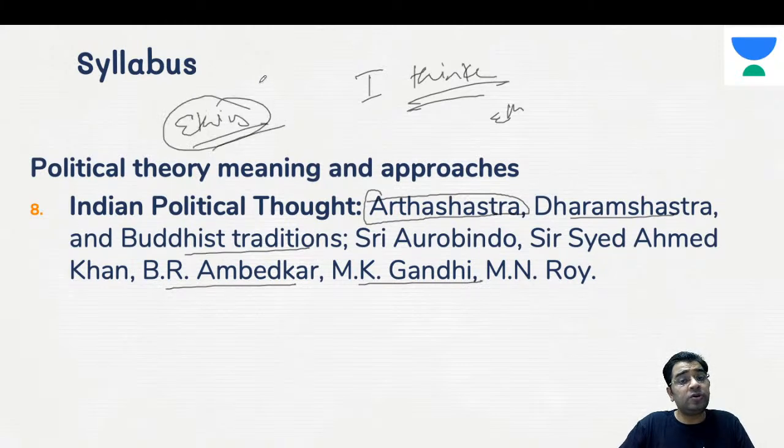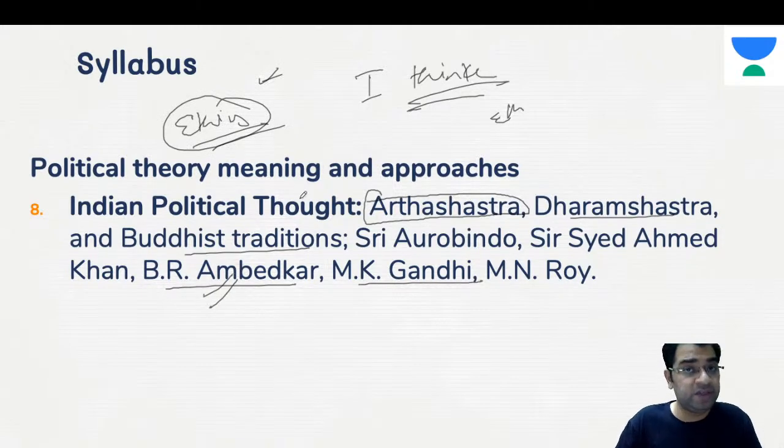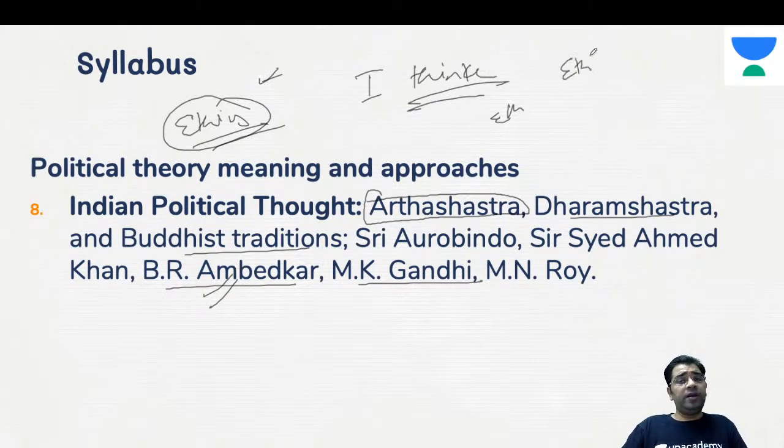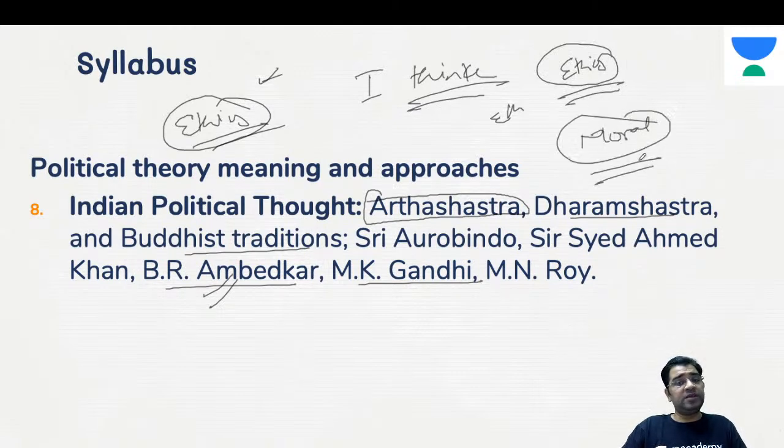These thinkers are also covered as related to your polity. Ambedkar, for instance, is related to your polity as well. So when you are reading Indian political thought, automatically you are covering your ethics, moral thinkers. So moral thinkers are automatically covered in ethics when you are covering Indian political thought in PSIR. So you do not need to read that section of ethics. This is how overlapping works.